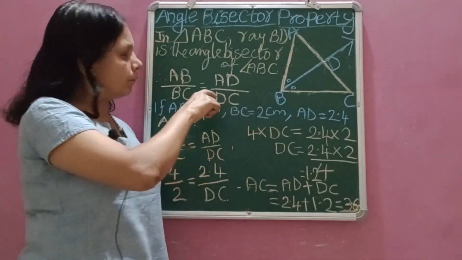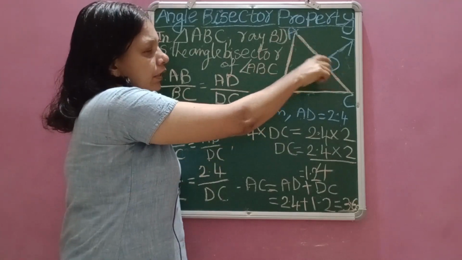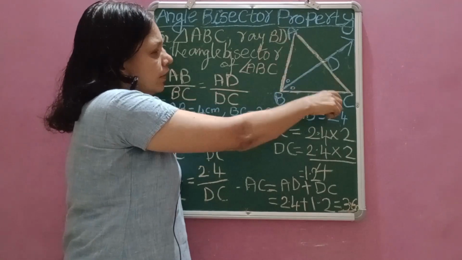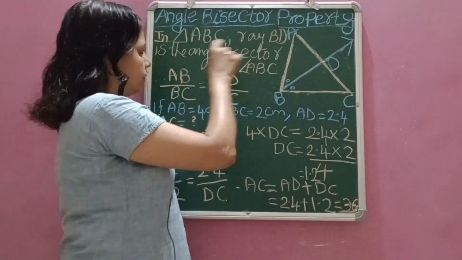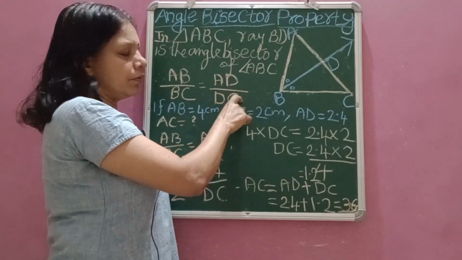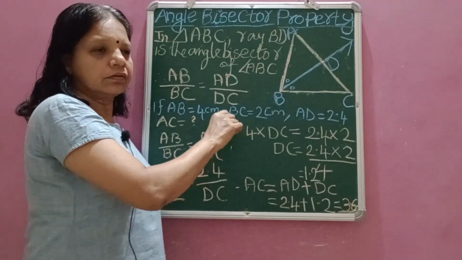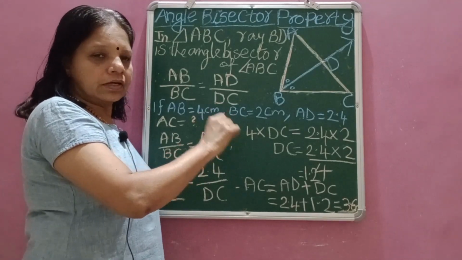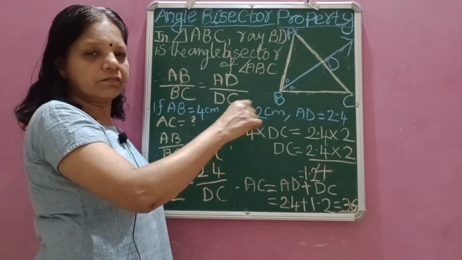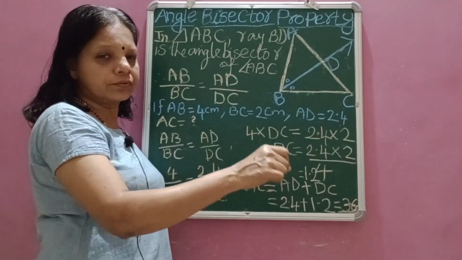So according to the property, in triangle ABC, if ray BD is the bisector of angle ABC and intersects the side AC at the point D, then AB upon BC equals AD upon DC. Understood? This is the relation between the sides of the triangle and the segments into which the bisector divides the opposite side.